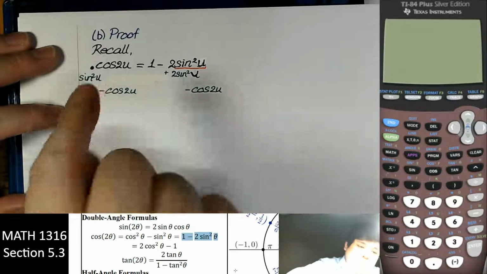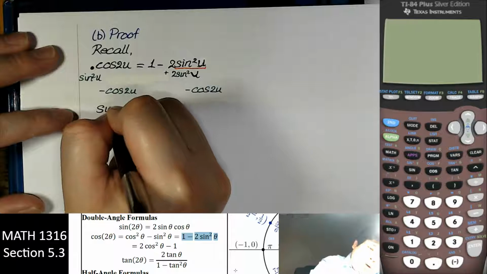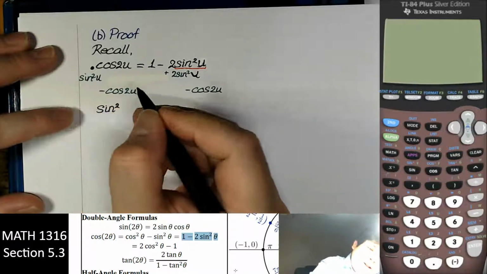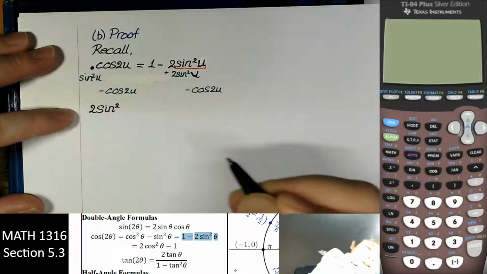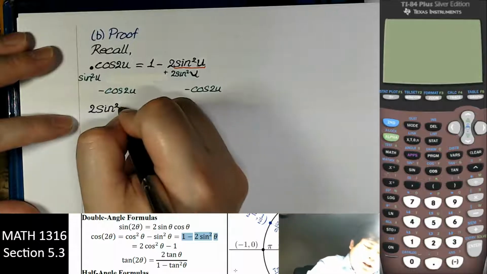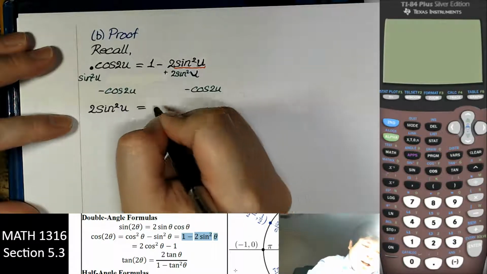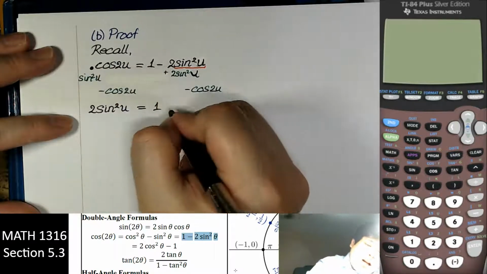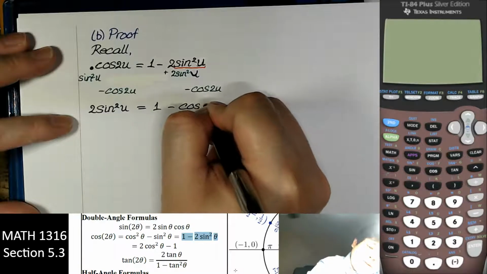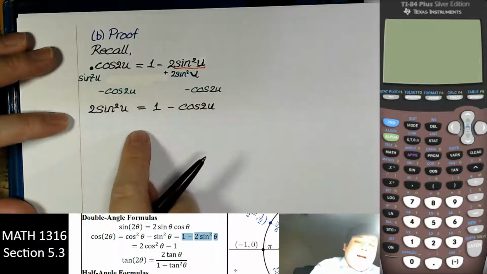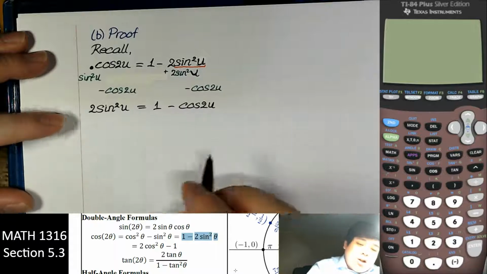So move this to the other side, it becomes positive 2 sine square of u. And then move this to the other side, that becomes minus. And then just divide by 2.